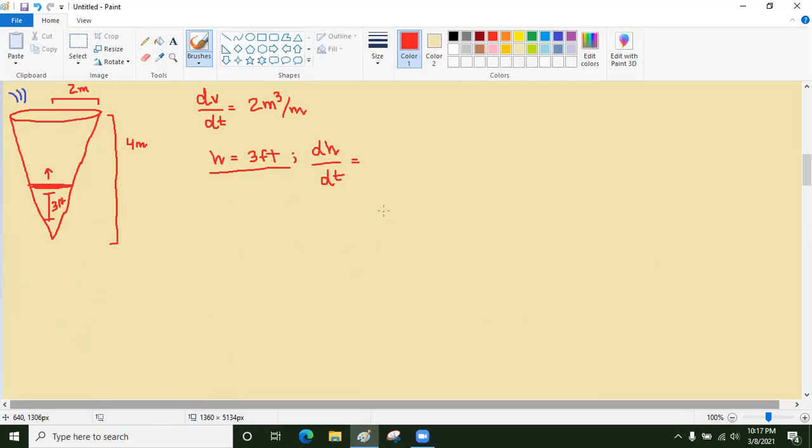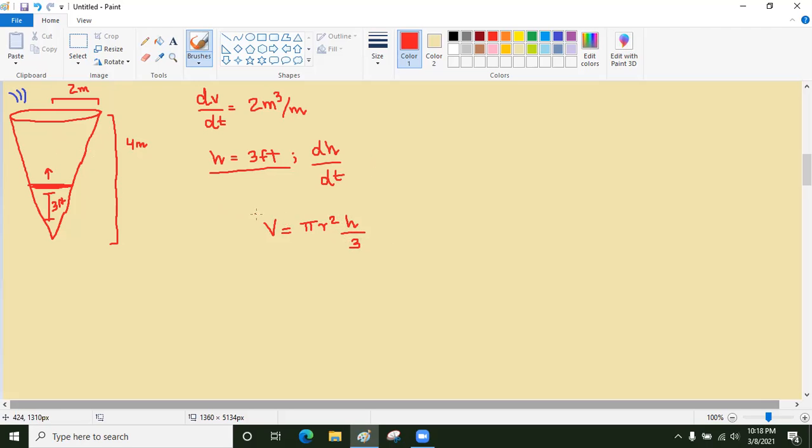So first and foremost, what is the equation which relates dV over dt and dh over dt, or really relates volume and height? If you were to do a little research, you would eventually arrive at the volume of a cone, which makes sense in this context, which is equal to pi r squared h over 3.